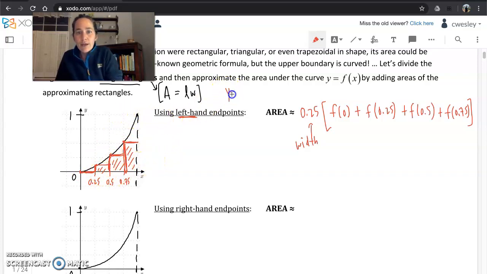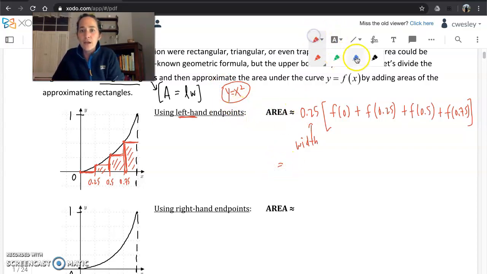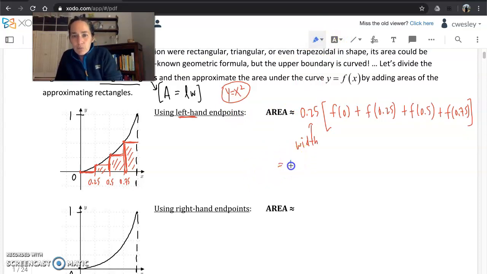Well, you're using y equals x squared. You're basically squaring each of these values, and I'll flip back and forth between looking at a calculator and trying to do some of this stuff in my head. So for instance, 0.25 stays on the outside, and f of 0 is 0 squared, which is just 0. If I square this one, f of 0.25 would be 0.25 squared.